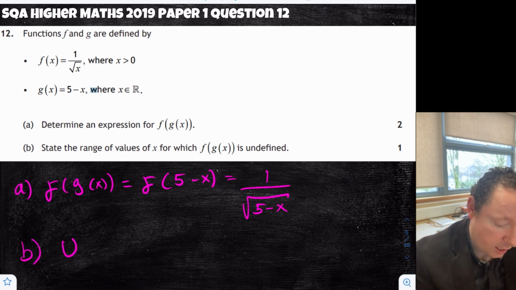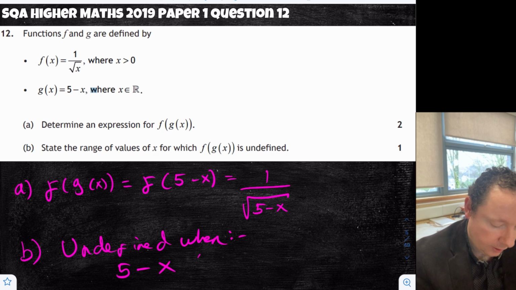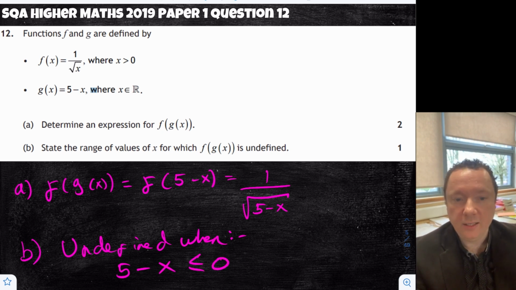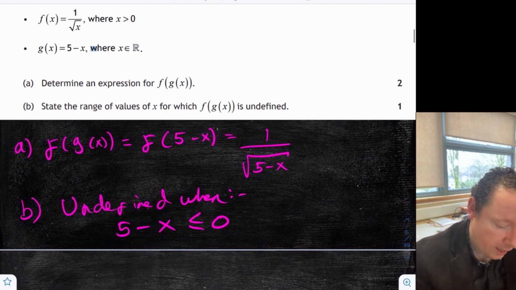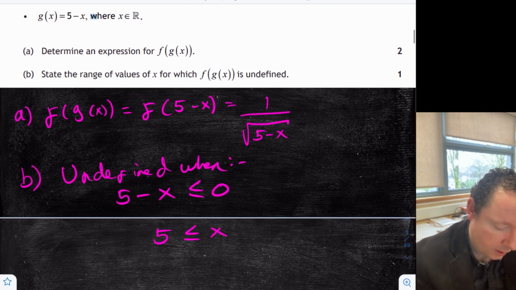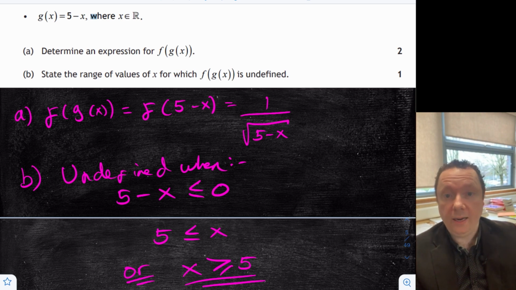So we can just write that undefined when 5 minus x has to be less than or equal to 0, otherwise it's defined. In other words, 5 minus x has to be bigger than 0. So we can then just solve that for x, taking the x over to the other side, you get 5 is less than or equal to x, or to write that in a nicer way, x is greater than or equal to 5. And make sure you've written undefined when, okay?